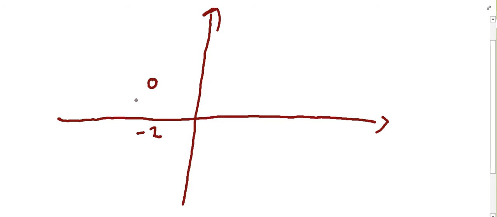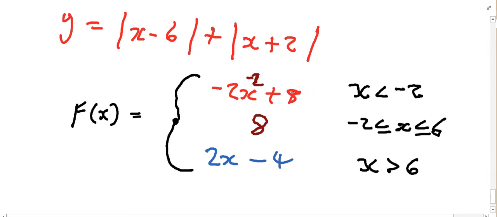The more you put values going this side, the more this guy is increasing, so this line will go like that. This is the part for x less than -2.